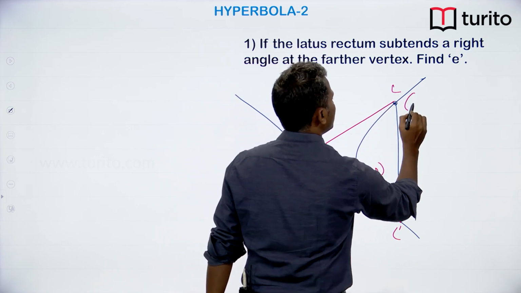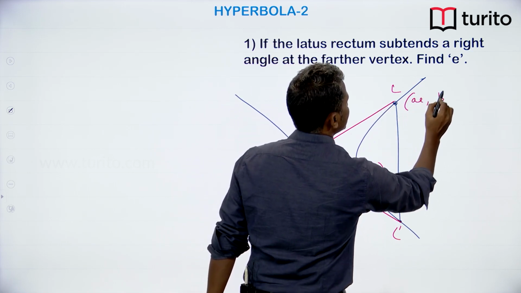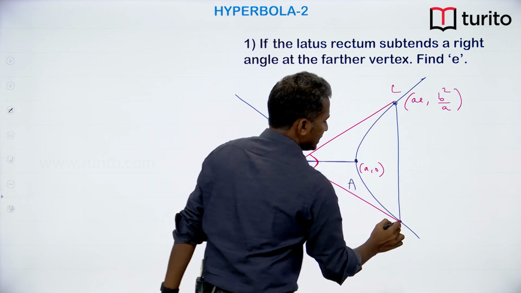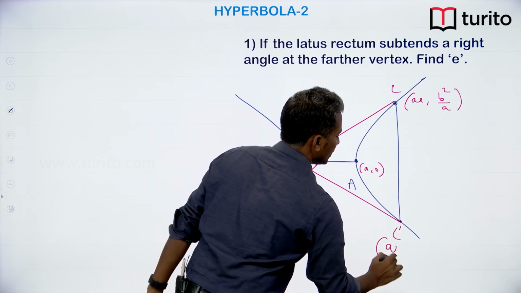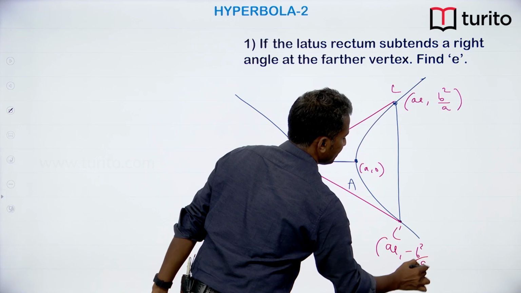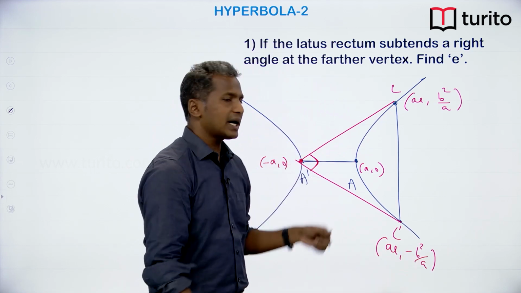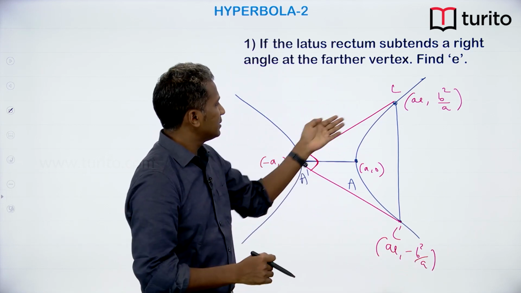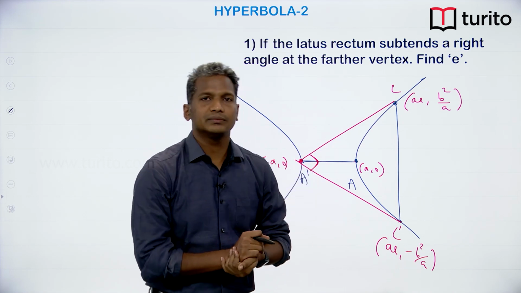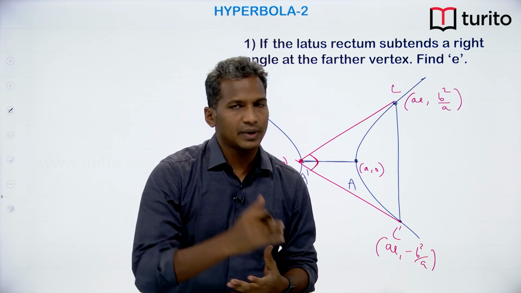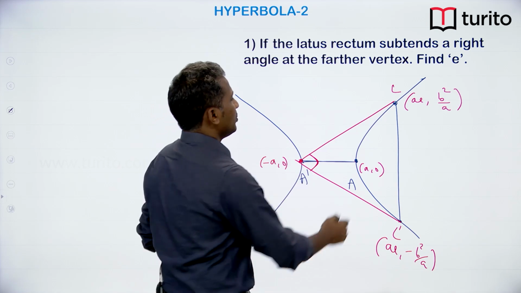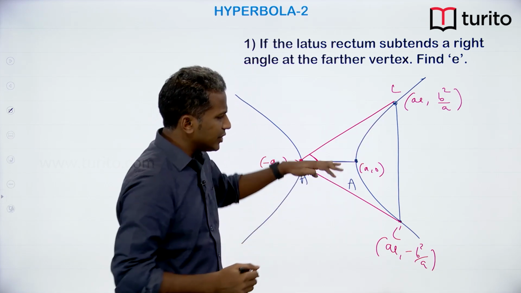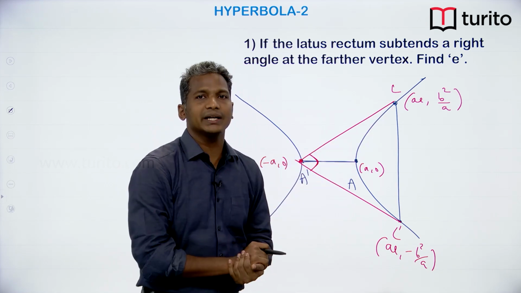So, the L point will become a e comma b square by a, and this point will become a e comma minus b square by a. Because this is subtending a right angle here, I can take m1 m2 equal to minus 1, that means the product of slopes must be equal to minus 1, or because it is making 90 degrees and because we know that the diagram is already symmetric.